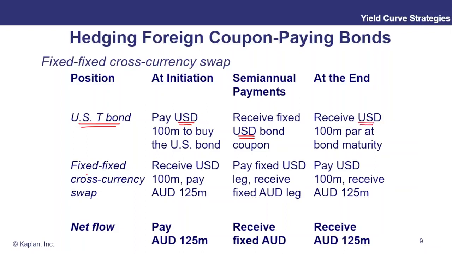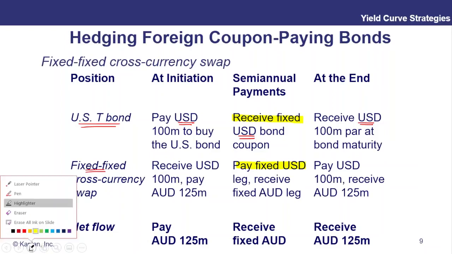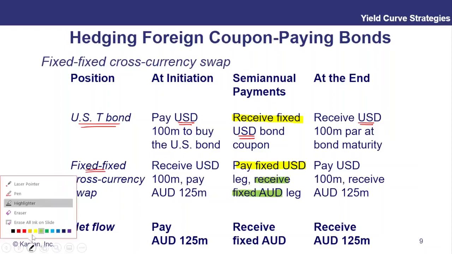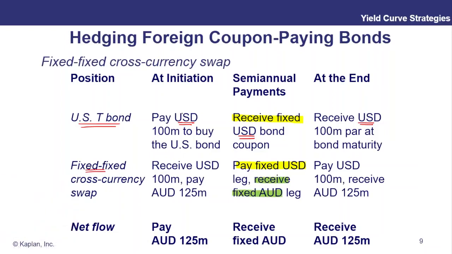This fixed for fixed currency swap, the important thing, as I keep saying, is that you pay away whatever you're receiving under the bond. So get rid of those US dollars that are coming in. That means you'll get fixed Aussie coming in. Notice that the foreign currency you need to pay for the bond comes in under the swap and washes out what you need to pay under the bond.